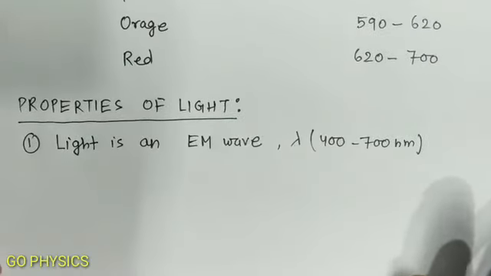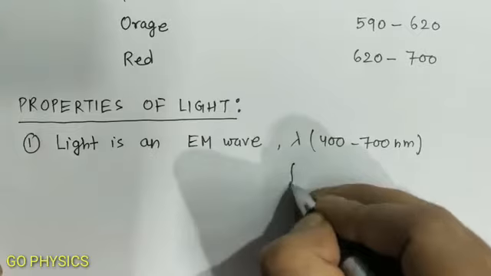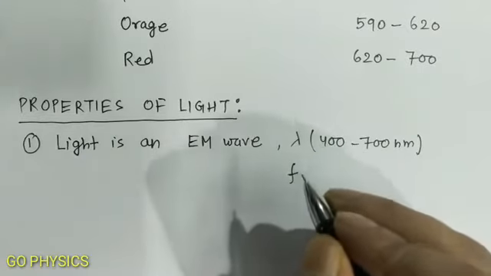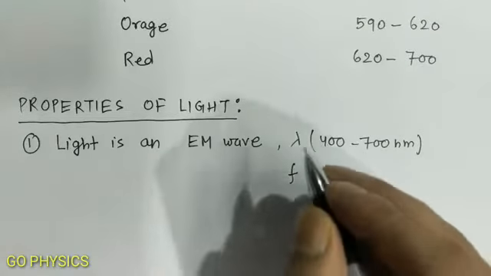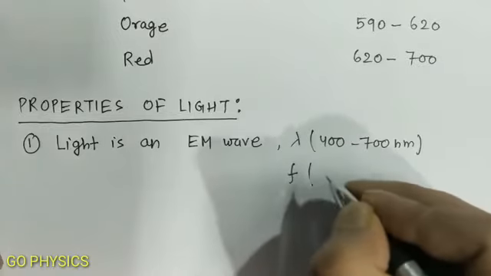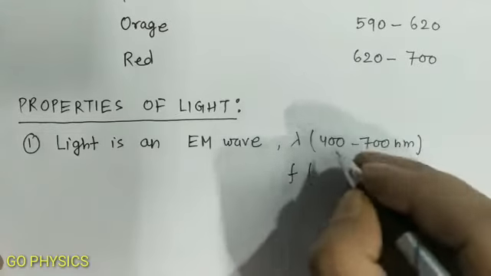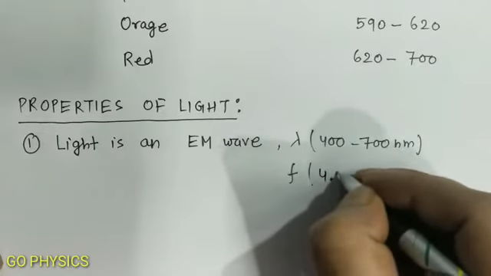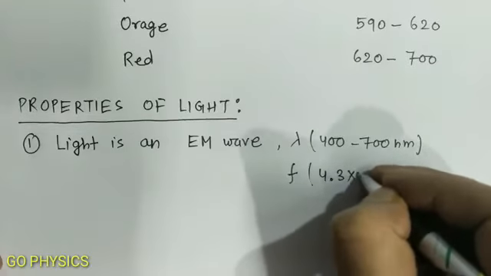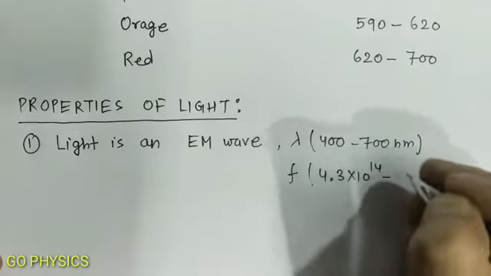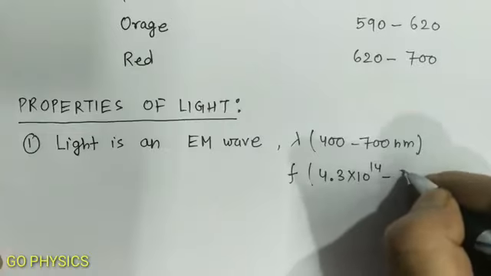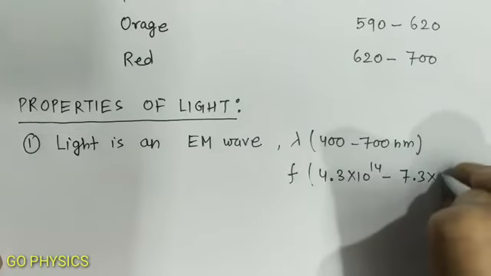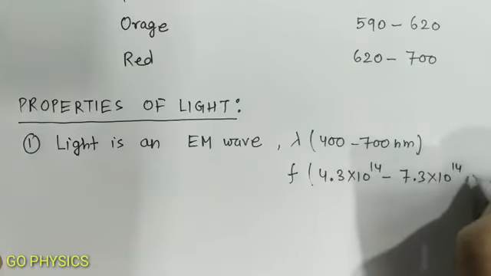And if we calculate the corresponding frequency of light, then the corresponding frequency of light lies between 4.3 into 10 to the power 14 to 7.3 into 10 to the power 14 hertz.